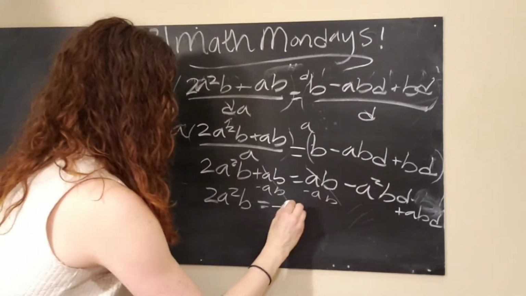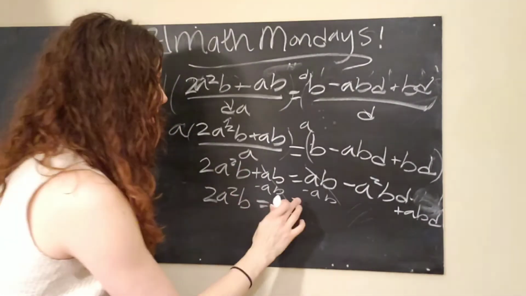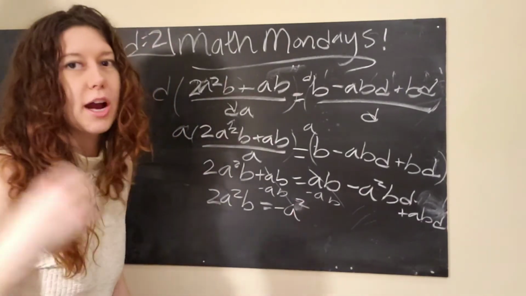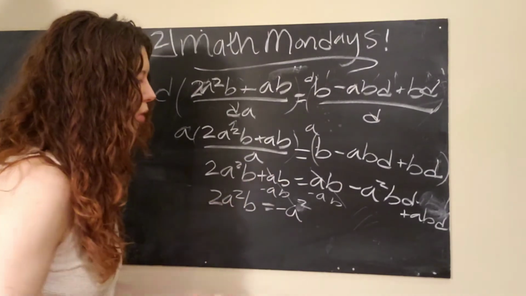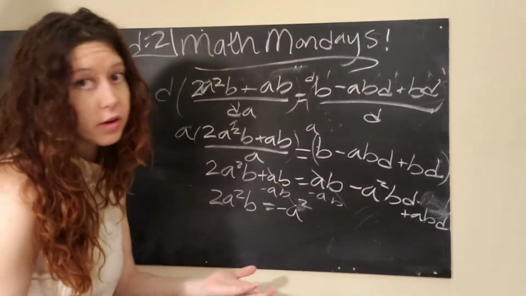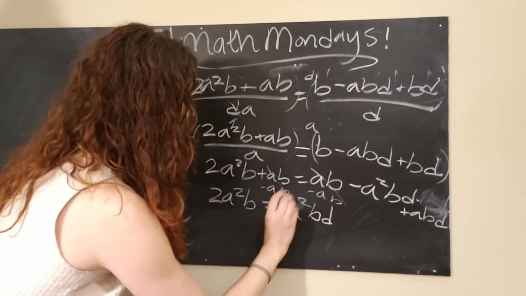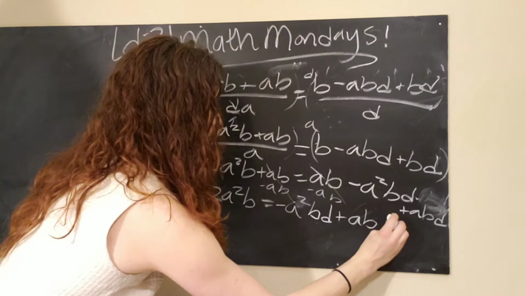We have a squared here, and typically convention says you should keep the squares out front. Basically, it's to keep track of exponents. And if you have higher number exponents, like a to the fourth, that would go in front. Negative a squared bd plus abd.